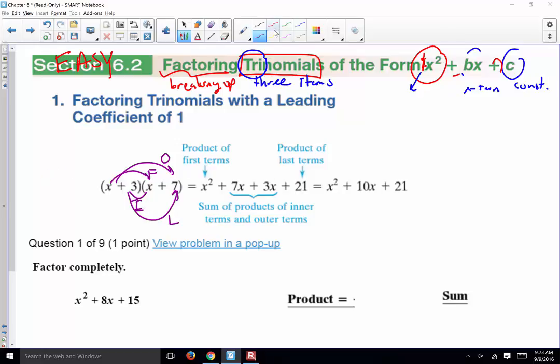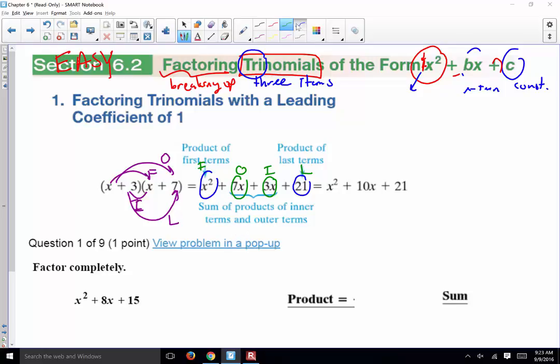When you FOIL it, first terms multiply to x squared, last terms multiply into 3 times 7, 21, but the outside and inside terms make 7x and 3x.